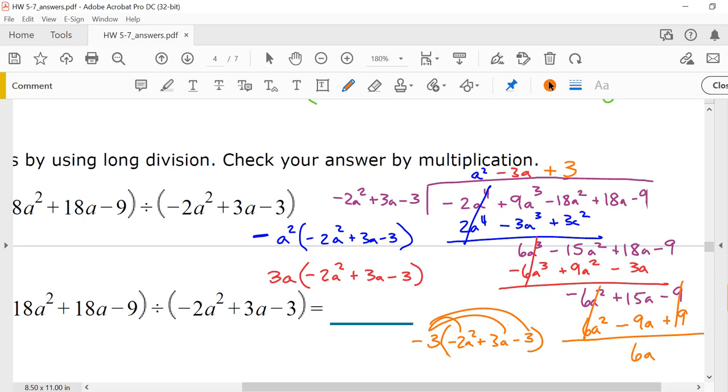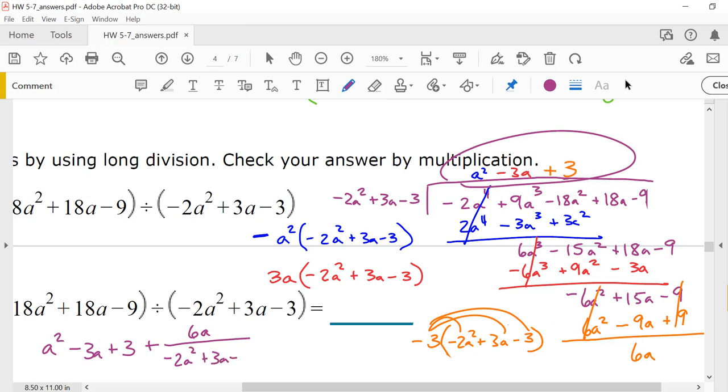So my answer will be a squared minus 3a plus 3 plus 6a over the divisor negative 2a squared plus 3a minus 3. That is my answer.